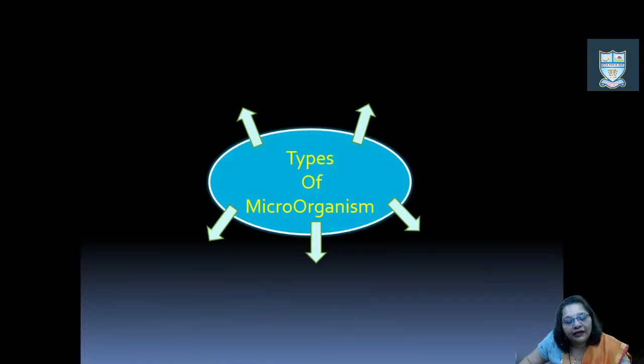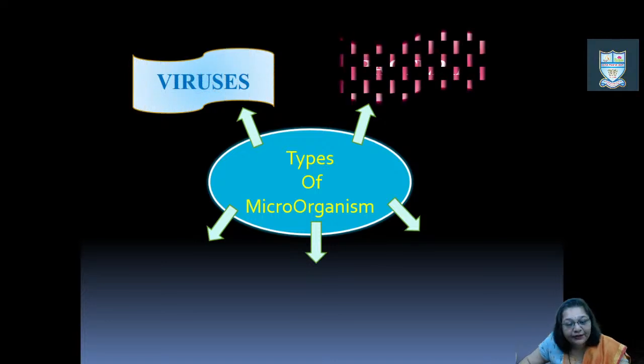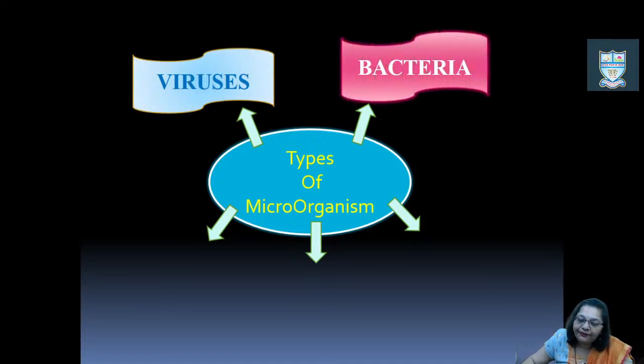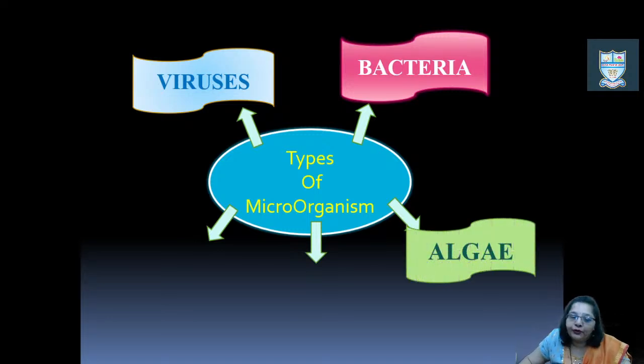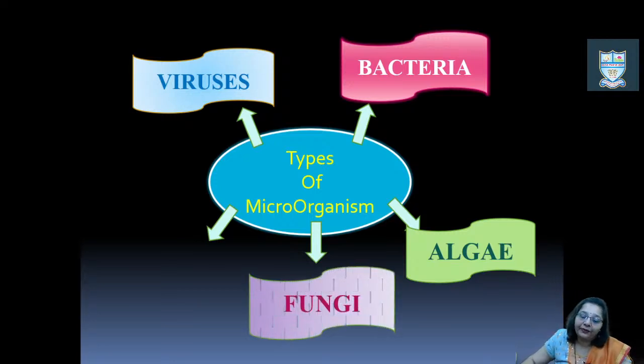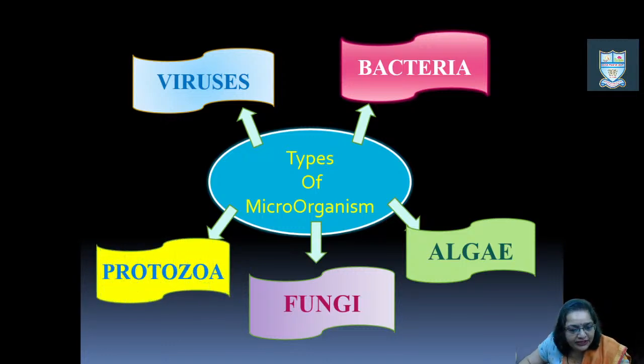We saw that there are different types of microorganisms: the viruses, the obligate parasites, then the bacteria, which might be useful as well as harmful. The third type, algae. The fourth type, fungi, and of course the unicellular protozoans.